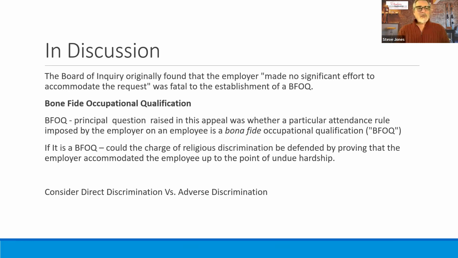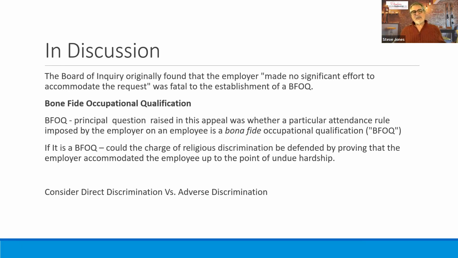So the bona fide occupational requirement principle question raised in this appeal was whether a particular attendance rule imposed by the employer on employee is a bona fide occupational requirement. If it is a bona fide occupational requirement, could the charge of religious discrimination be defended by proving that the employer accommodated the employee up to the point of undue hardship? So that's the issue, right? Did they attempt to accommodate him up to the point of undue hardship?